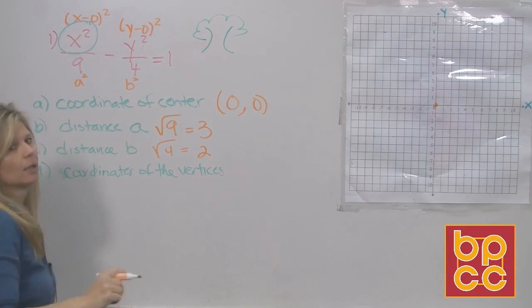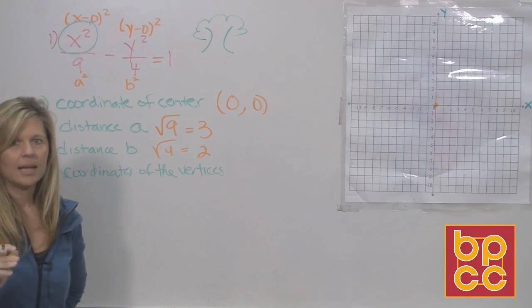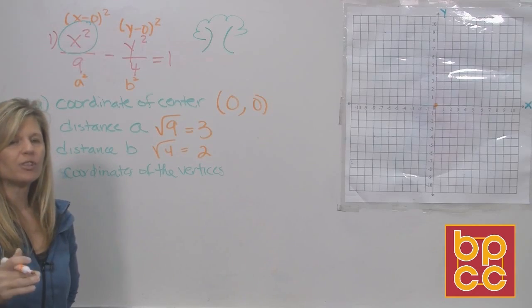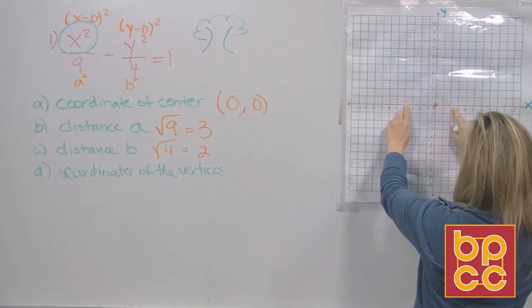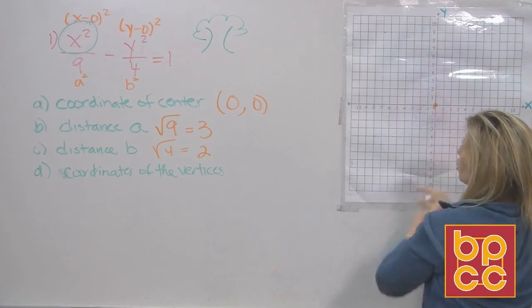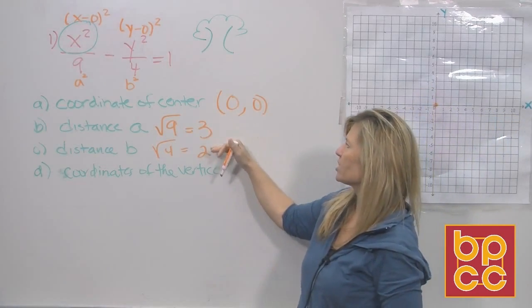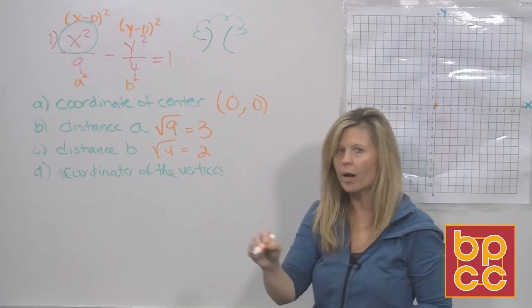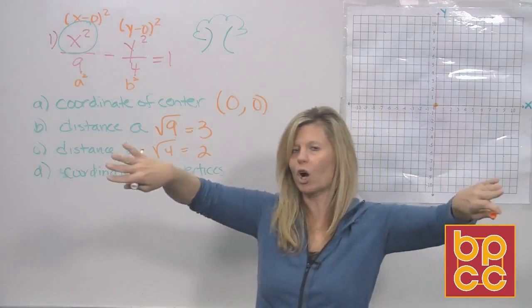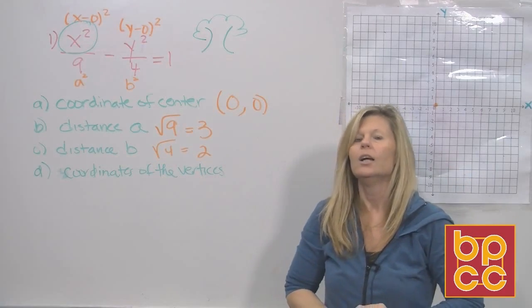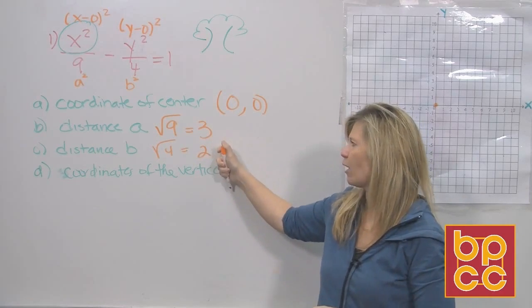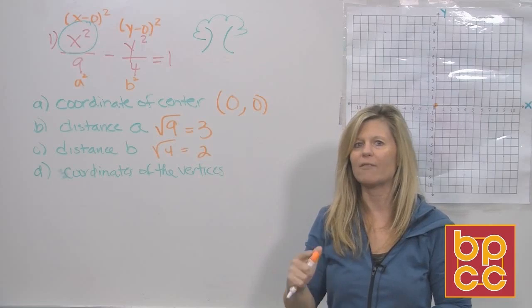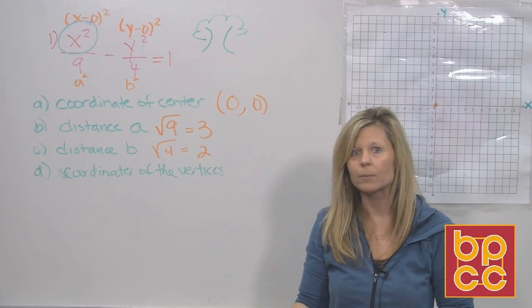Okay? Now, here's the difference. When you did an ellipse, you just went from the center, left and right 3, up and down 2. You can't use these numbers the same way. We don't want to graph an ellipse. We want the curves to go apart. The way you decide which of these distances to use first is the one that's located first in the equation.